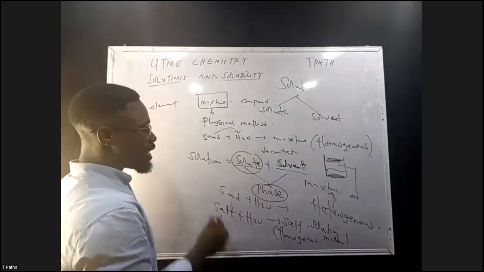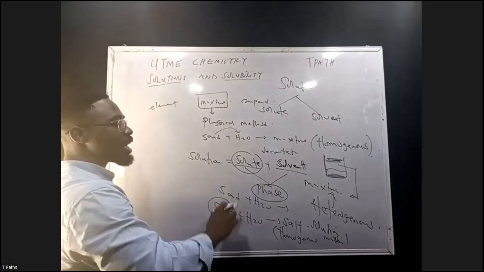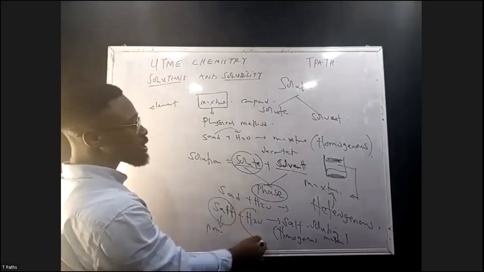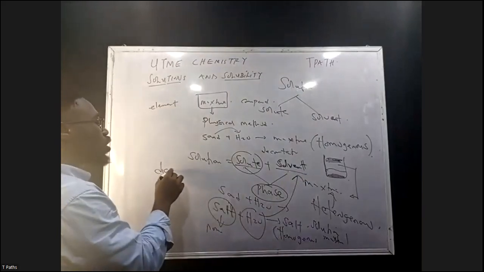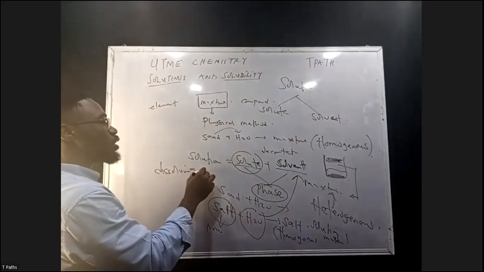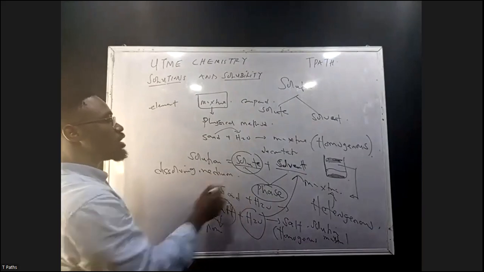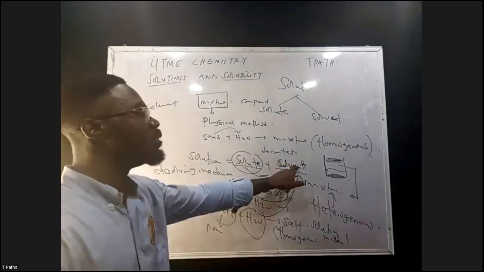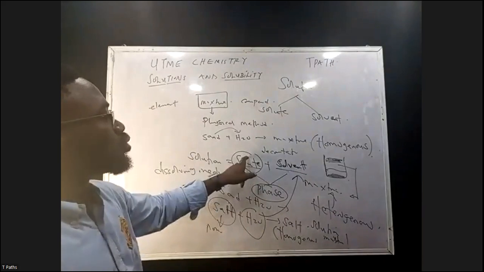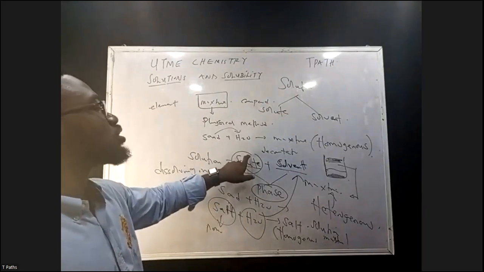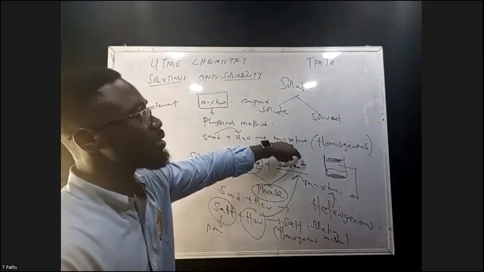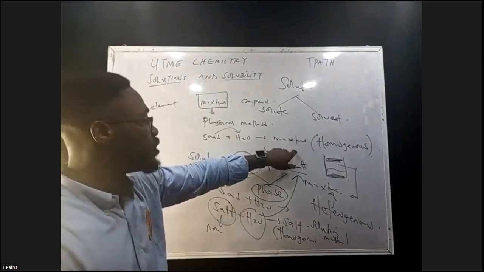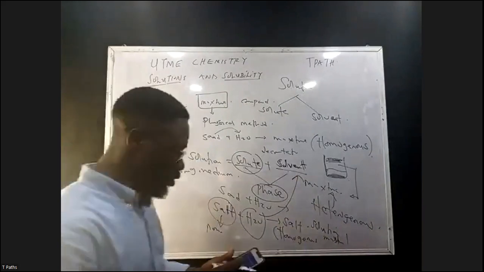For instance, the salt is the substance that is being dissolved, while the water serves as the solvent, the dissolving medium. So the solvent is the dissolving medium, while the solute is the substance that is being dissolved.